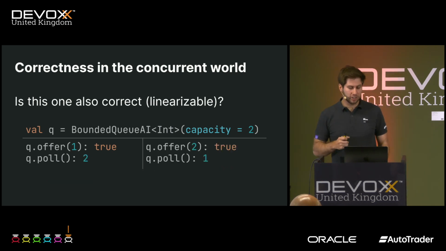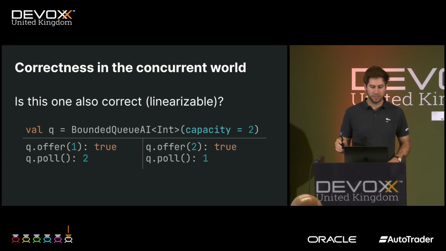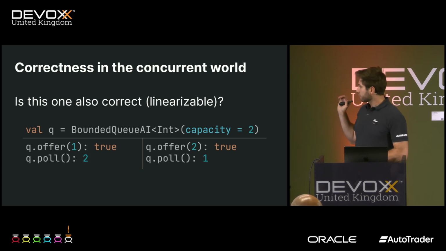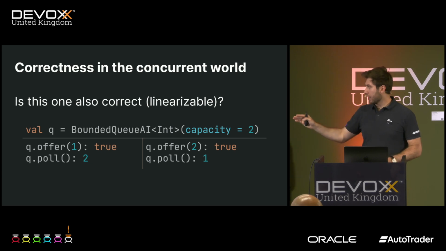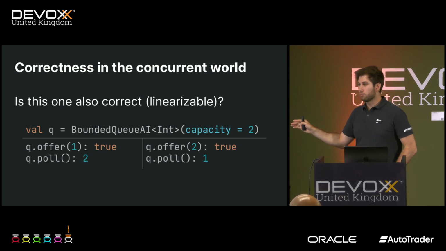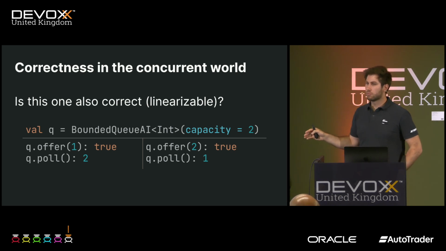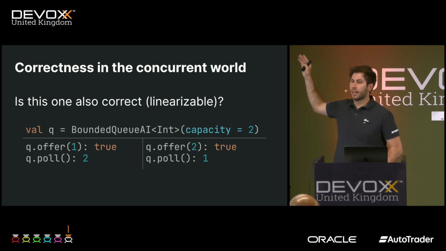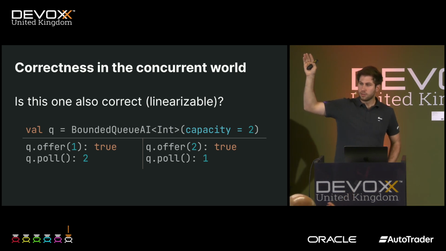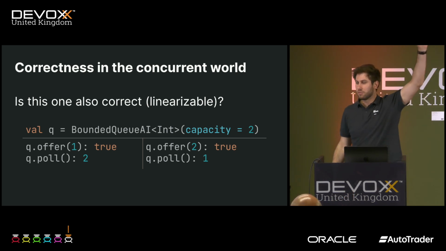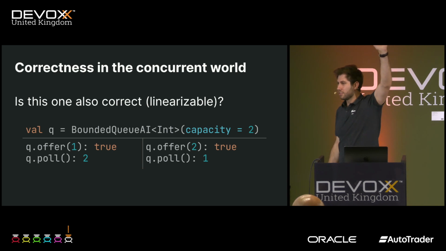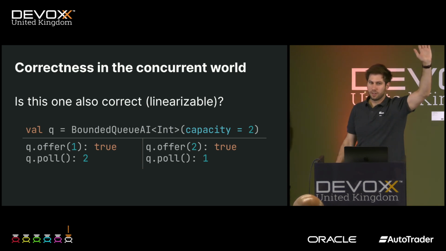Okay, let's take a look at another example. Now the difference is that in the first thread, the poll operation extracts 2, but in the second thread, it extracts 1. Is this execution correct? Who thinks it's not? Anyone? Okay.